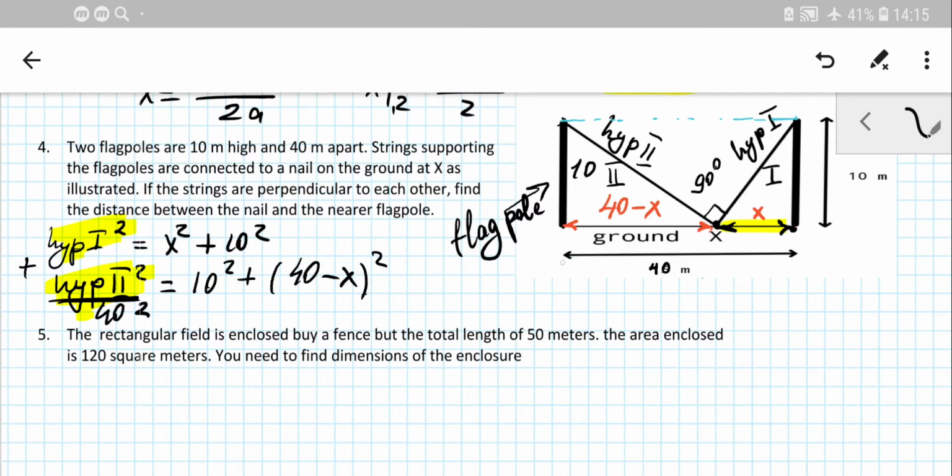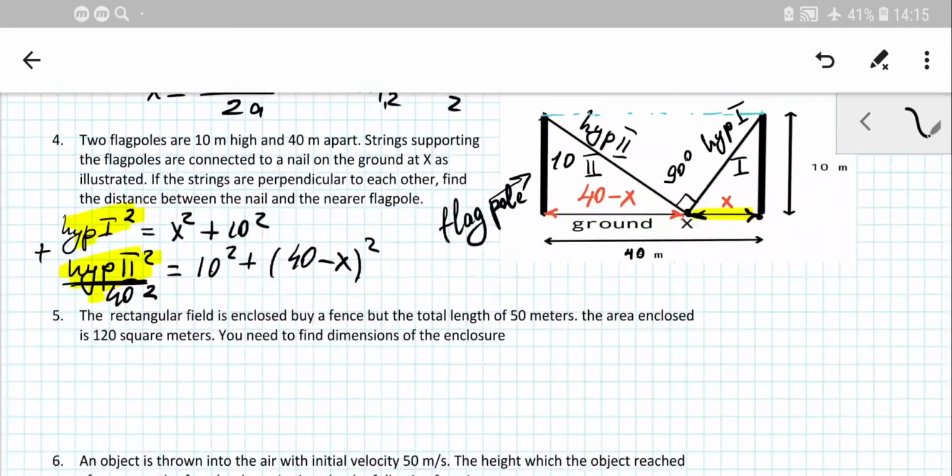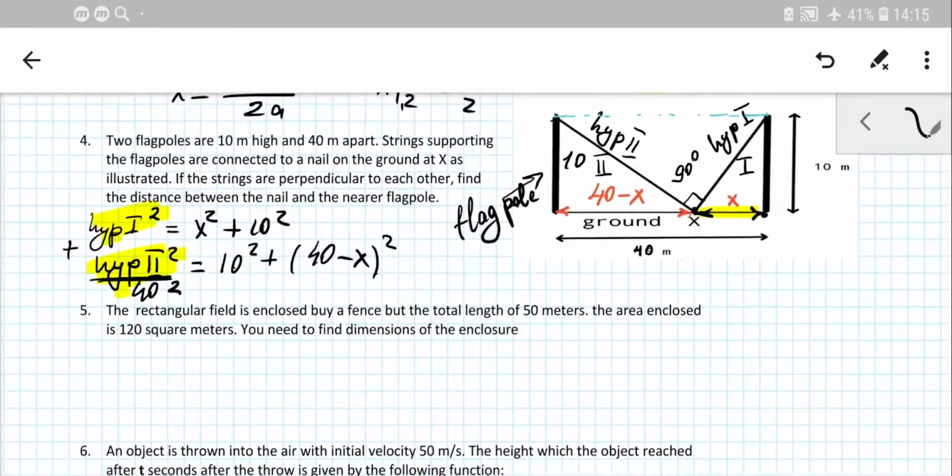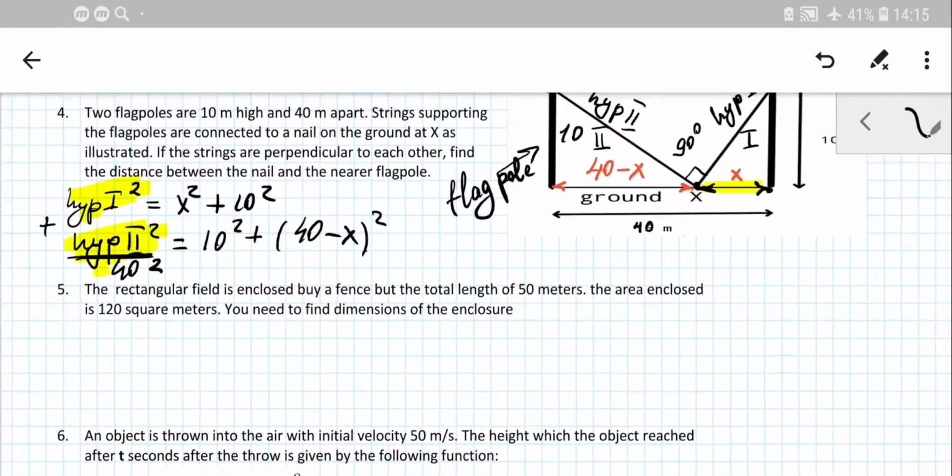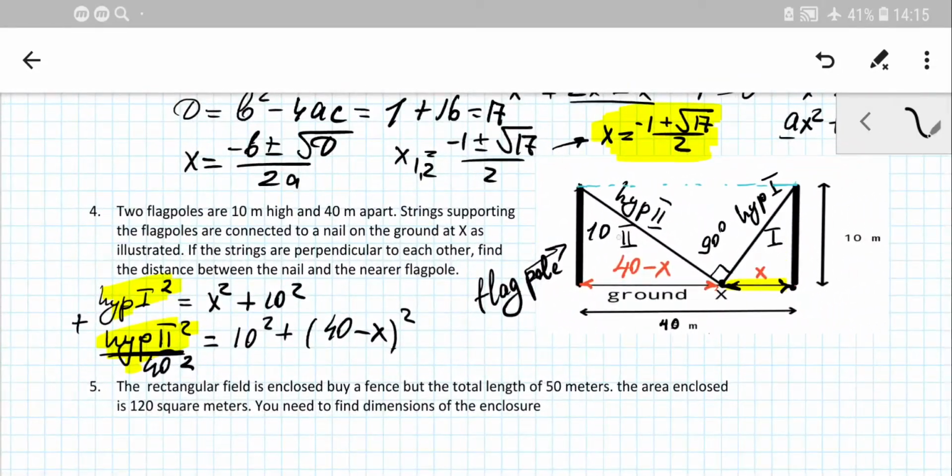You see that now the distance is 40, and we keep all the decisions that we made before. So one more time, let me recap what we did. We set up x, the small side, the small leg of the small triangle, and hence the rest, the distance between the x coordinate and the other flagpole, is 40 minus x, so basically the whole segment minus x.